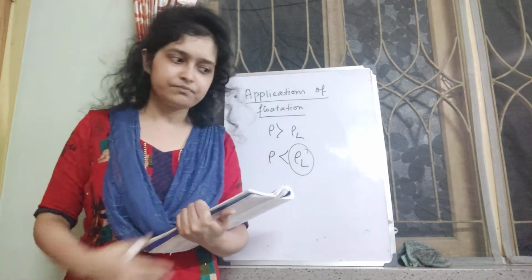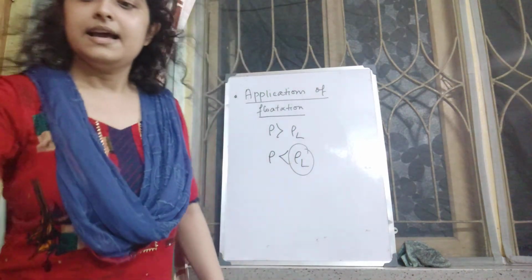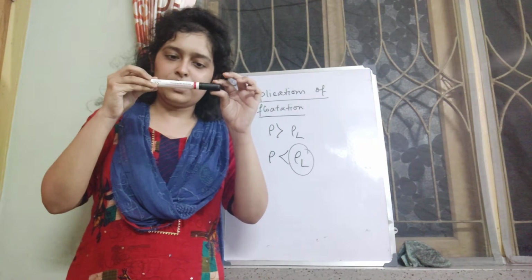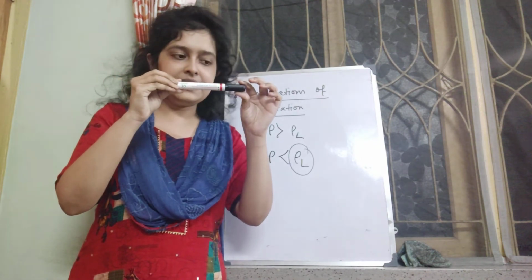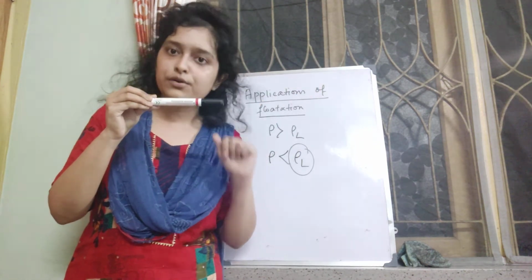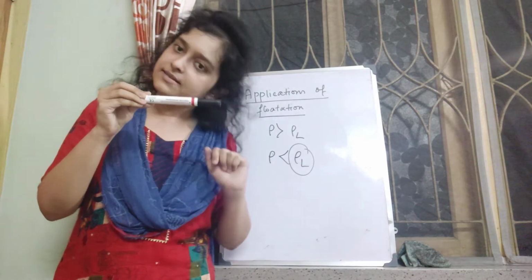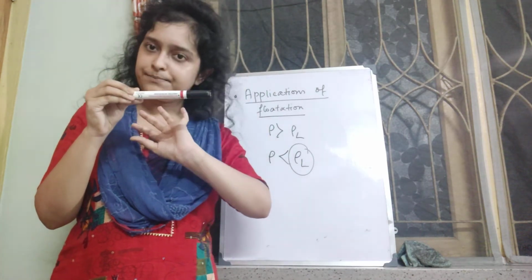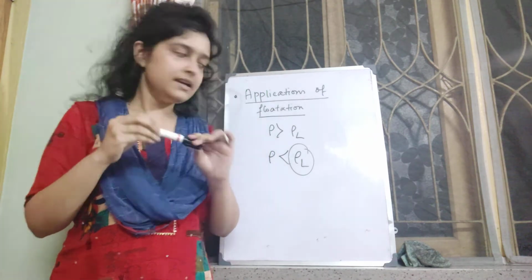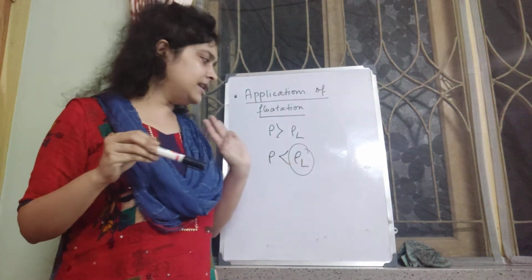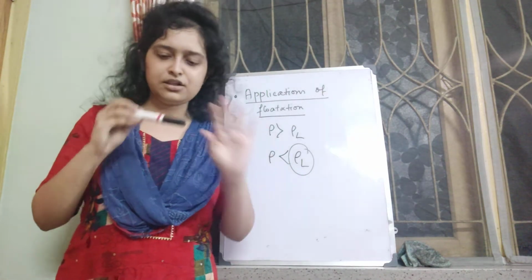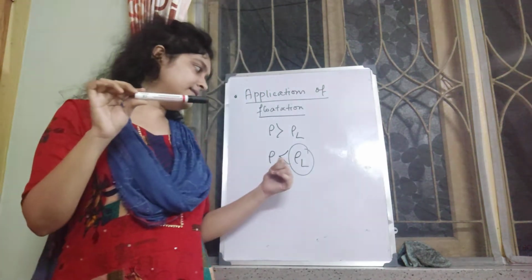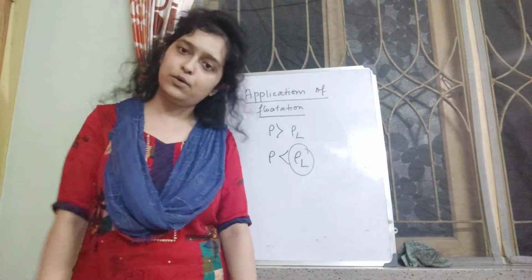Suppose the ship was floating at this level. When it moves to the river water, what will happen? Seawater has more density than river water. When the ship was floating in the sea, the density of the ship was less than rho L, the density of the seawater.